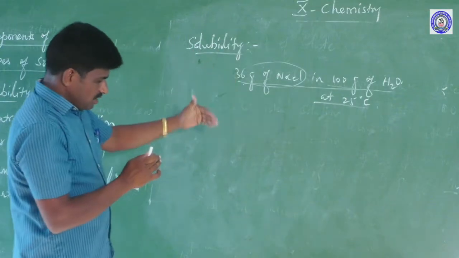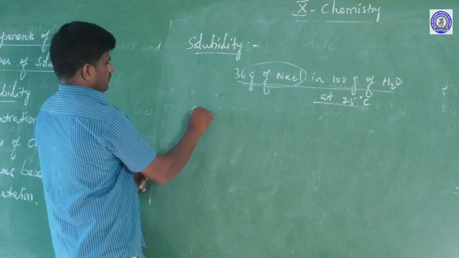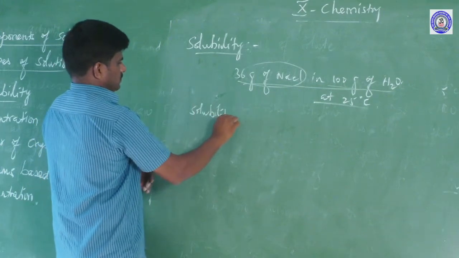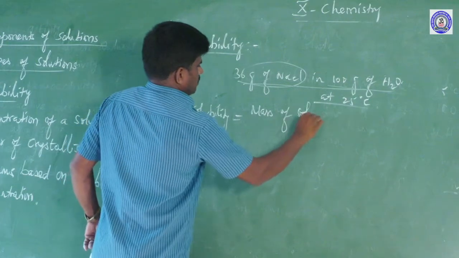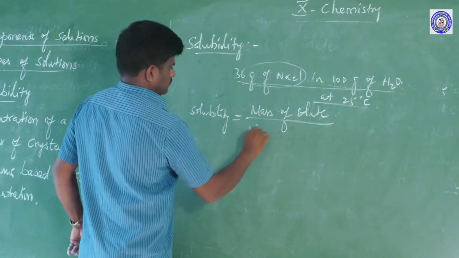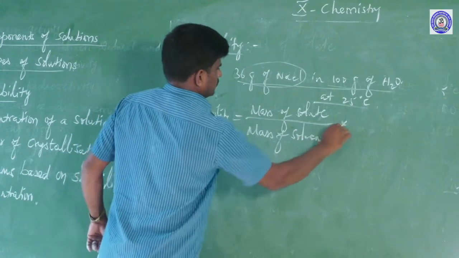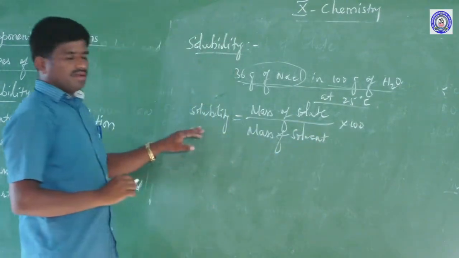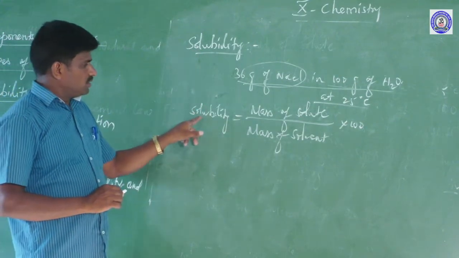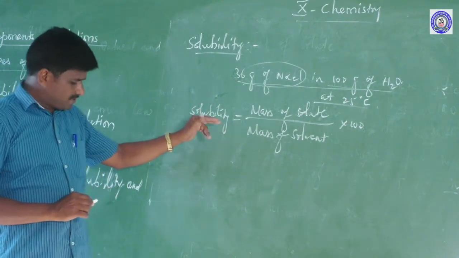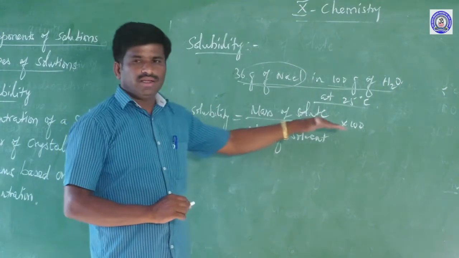Let's go for the formula for solubility. This is the formula we use to find the solubility of a solute. The solubility is equal to mass of solute divided by mass of solvent, multiplied by 100.